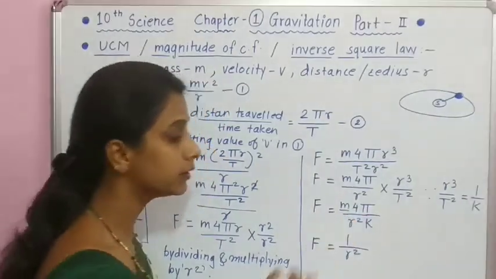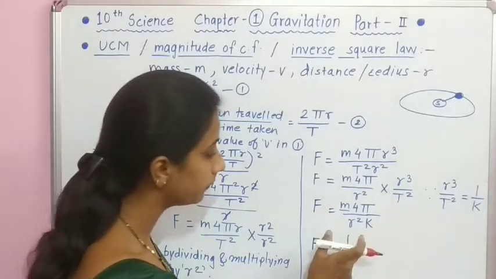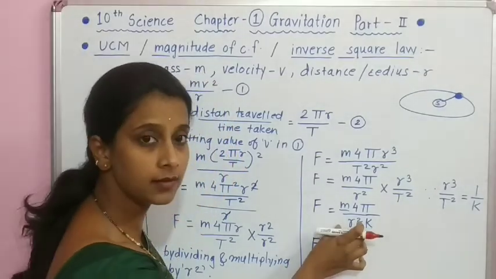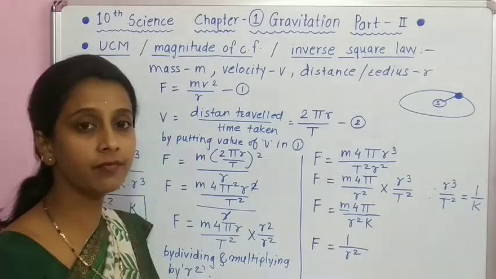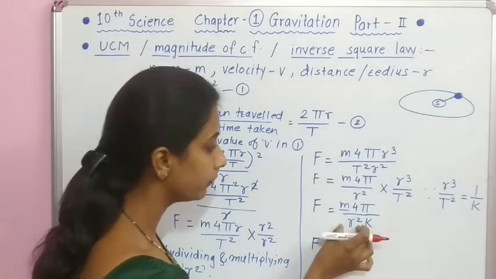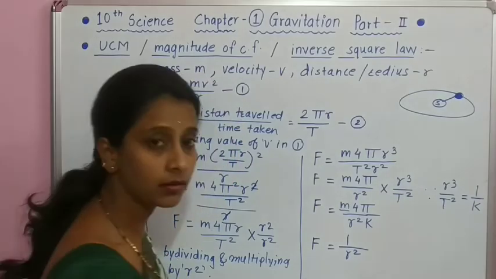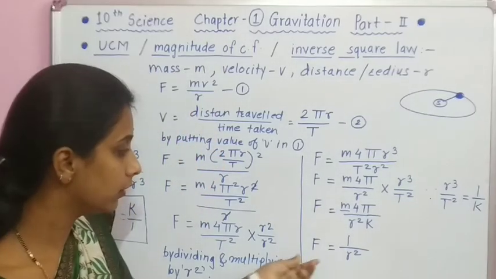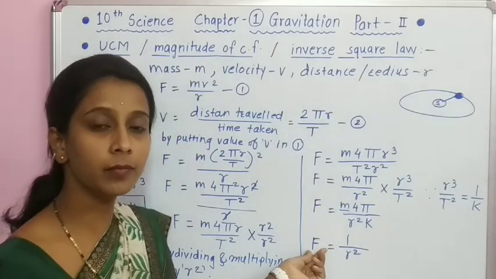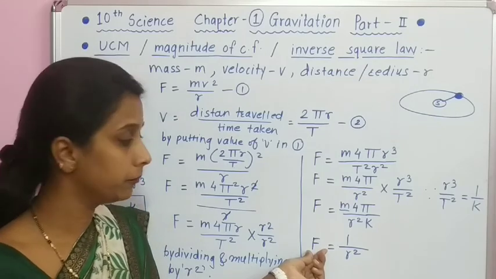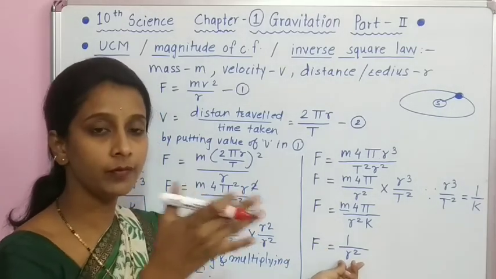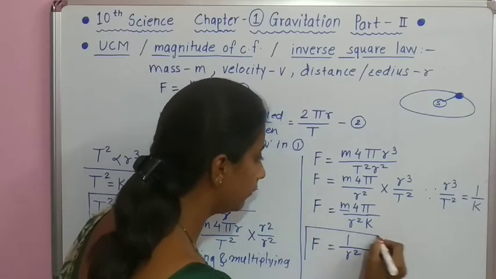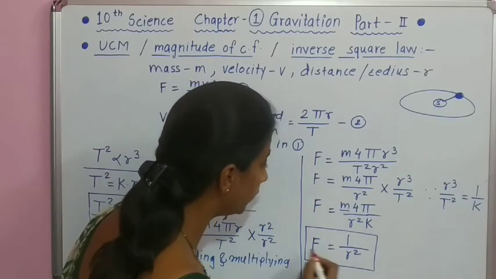So all these terms are constant, and we take them as 1, and only r remains, that is the distance from the object to the sun. It is variable, it changes. So we take r square as it is, and this becomes F equals 1 upon r square, which means the force is inversely proportional to the square of the distance from the object to the sun, or planet to sun. So this is known as the inverse square law, which was formulated by Newton.